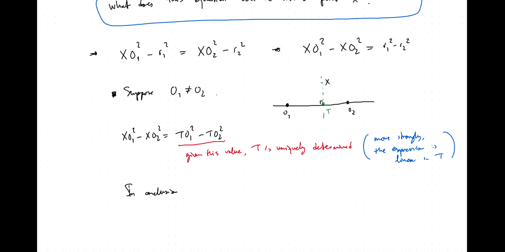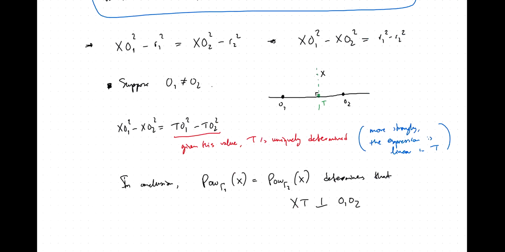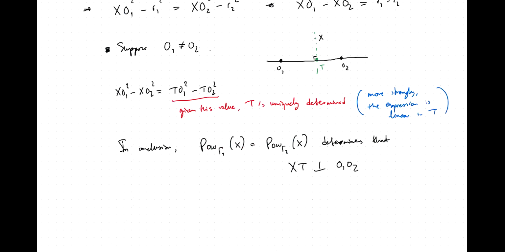this relation, power gamma 1 x minus power gamma 2 x, determines that xt is perpendicular to O1O2 for a given point t.